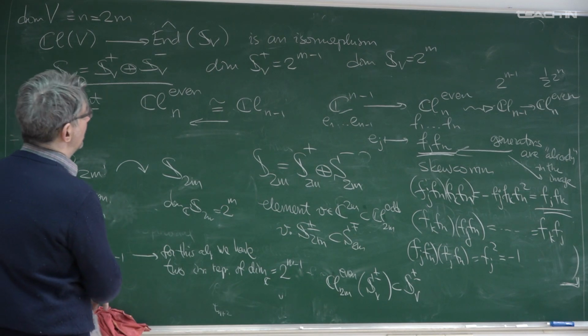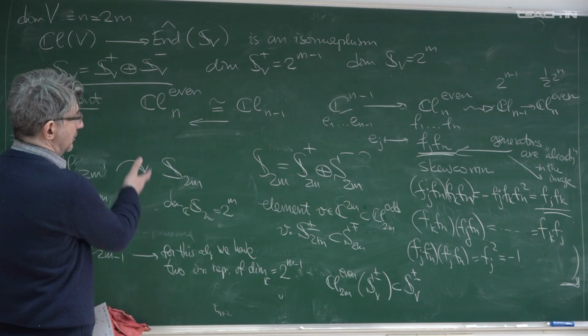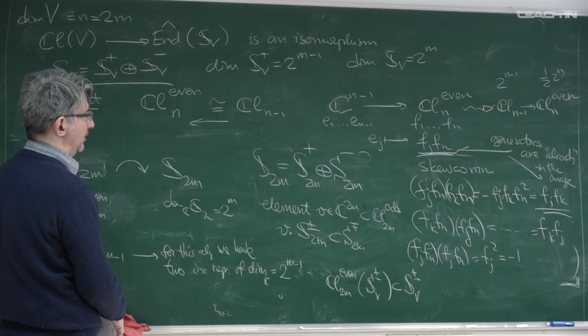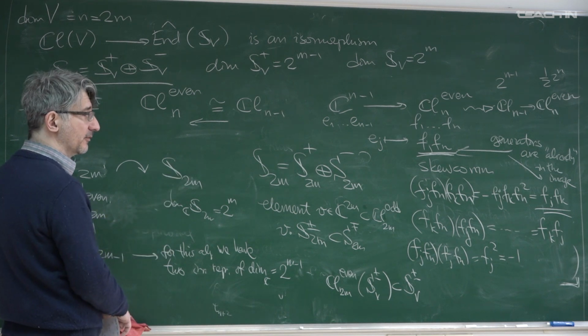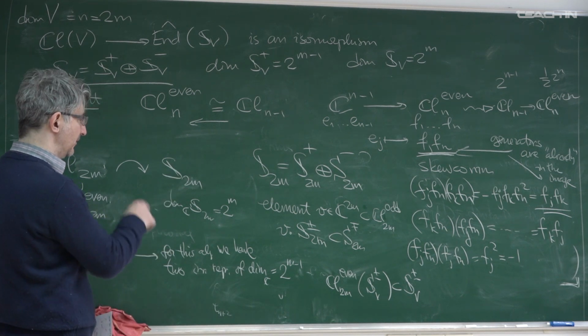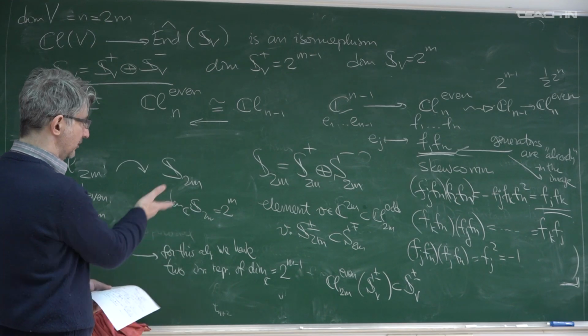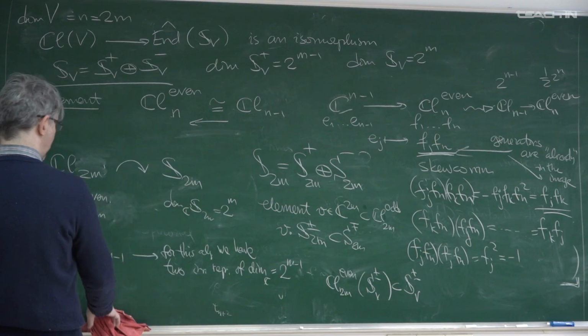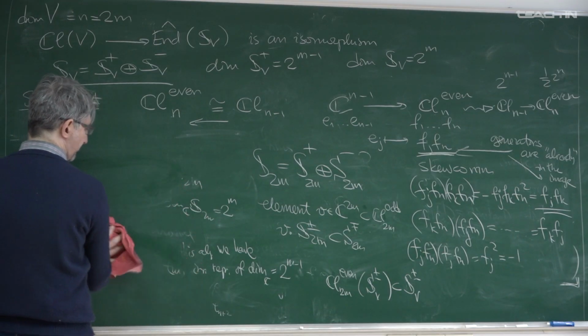But if you are not very good with representations of Lie algebras, then you can go this more or less straight way. And even if you know the theory of representations of Lie algebras, I still believe that this way is very nice because it's quite simple and more or less you can write everything in a very direct way.